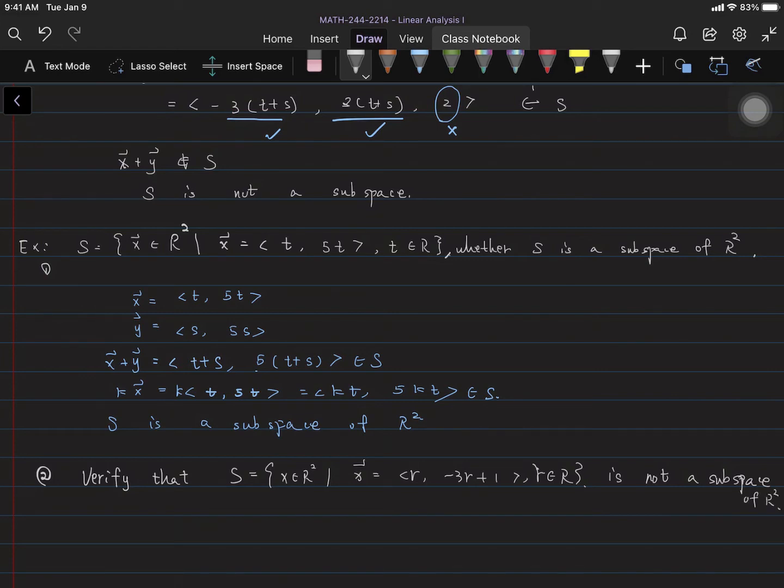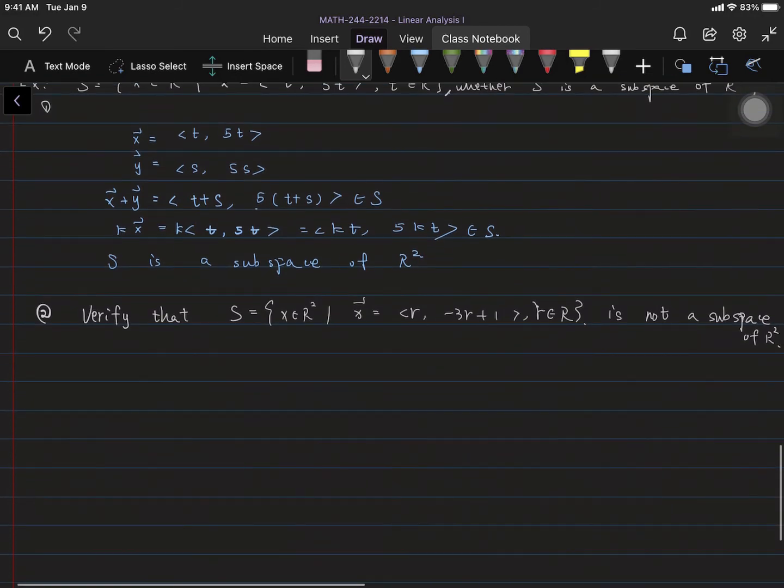You can try this by yourself. We always want to pick any two vectors in S and see if S is closed under addition and scalar multiplication. I'm going to give you the solution here, but I suppose you already did this by yourself. If you already know how to do this, you can skip this.